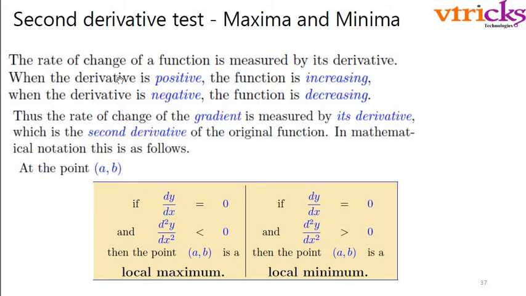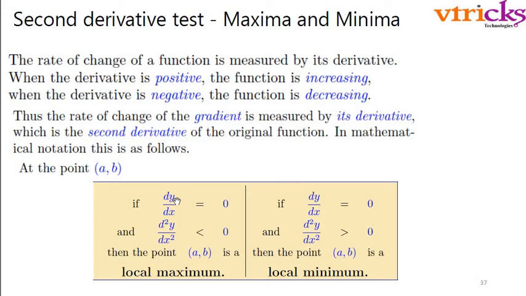Now, when the derivative is positive first, it is increasing, and when it is negative, it is decreasing. So when we take the second derivative, it represents the rate of change of the gradient. So we are actually taking the derivative of the gradient. So now here you see we are making use of the second order derivative. We are talking about d by dx of dy by dx.